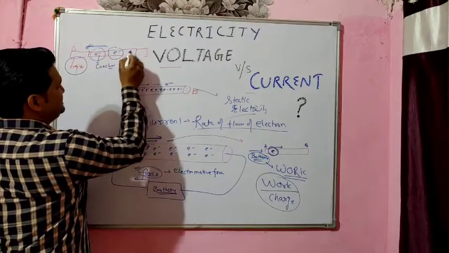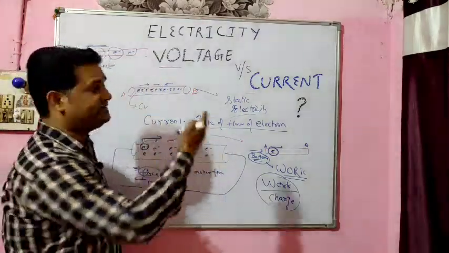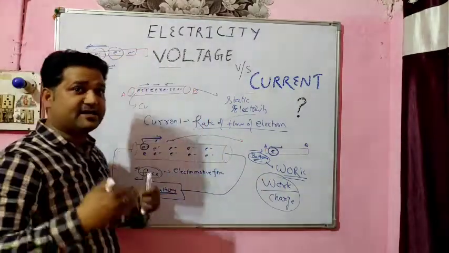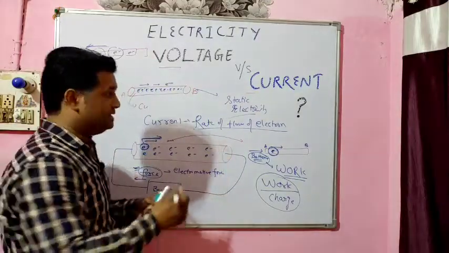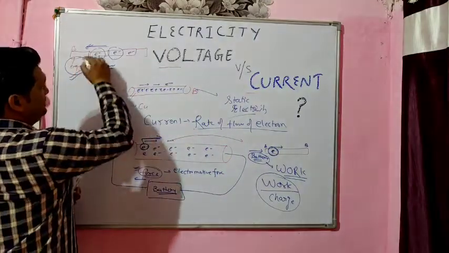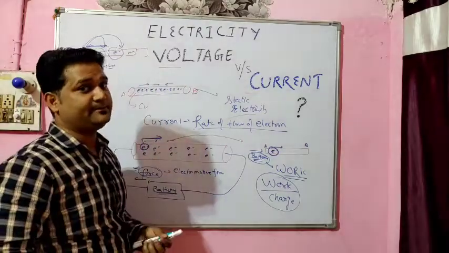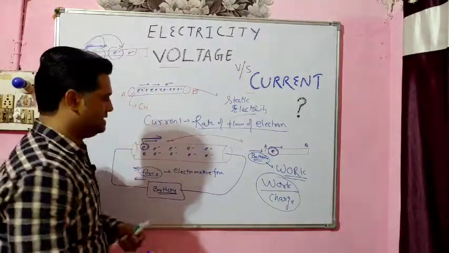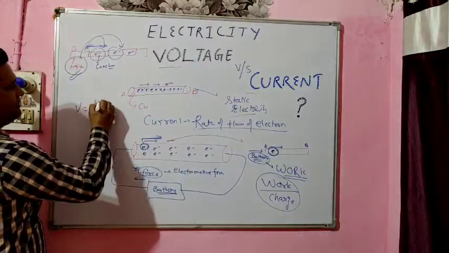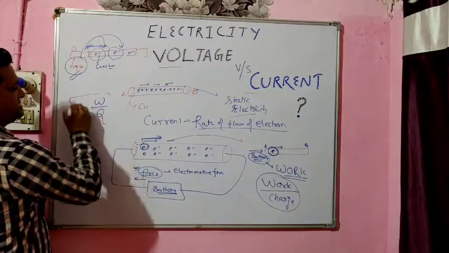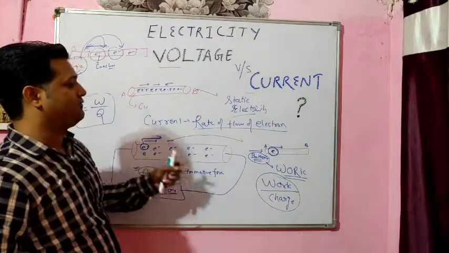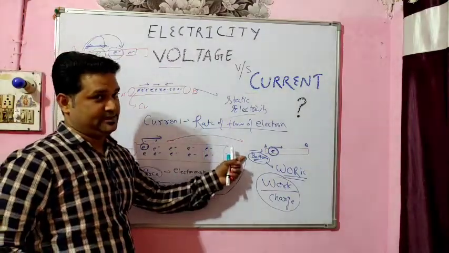Let's consider the coaches as electrons. The movement of these coaches is the current, right? The work done by the engine on these coaches is the voltage. Voltage is the work done on a charge to move an electron from this point to this point.